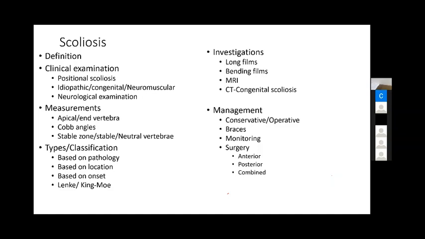Prabhakar, can I ask a question? What are the indications for surgery in idiopathic scoliosis? Is it purely a cosmetic deformity, or what are your indications? One is cosmetic, but there are probably not that many people who do that nowadays.